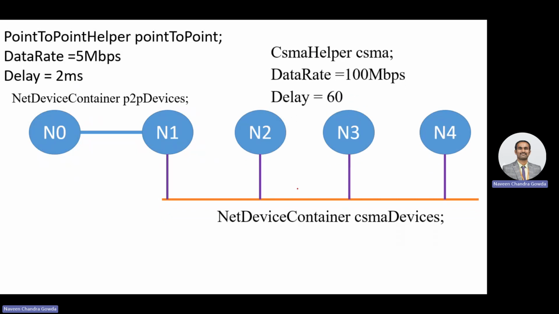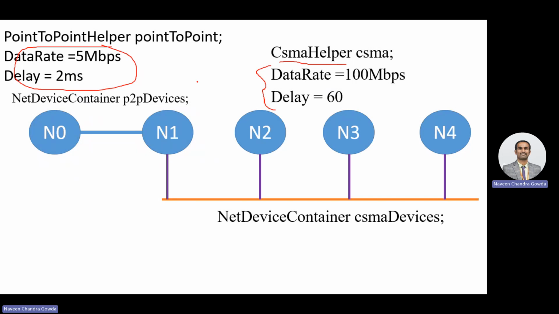Right. When we create the point-to-point link, as I have defined in the previous experiment also, you have to define the attributes for that particular point-to-point link. Similarly, you have to define the attributes for the CSMA link as well, for which we'll be using the class file CSMA helper. I repeat, in the previous slide you saw how to create the two different types of node by using node container.